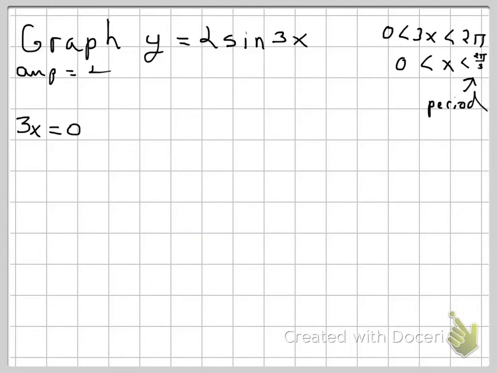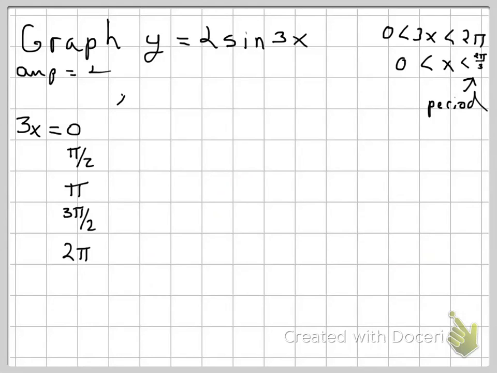Okay. Now what I do for the 5-point method is I'm still going to use the 0, the pi over 2, the pi, the 3 pi over 2, and the 2 pi. However, my argument is no longer x, it's 3x. So what I'm going to do is I'm just going to solve for x. We're going to set 3x equal to each one of these, and that'll make it fairly easy. 3x is the argument.